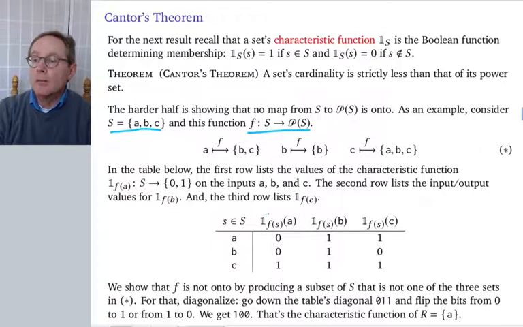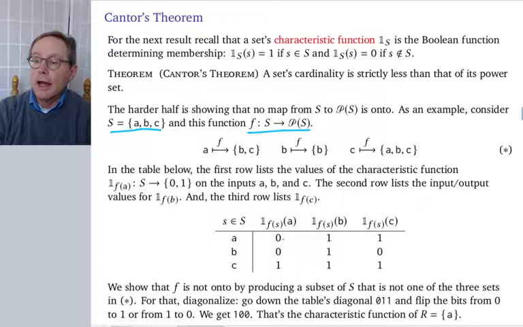This is what happens when you apply f to little a.